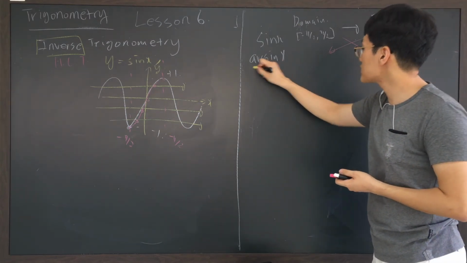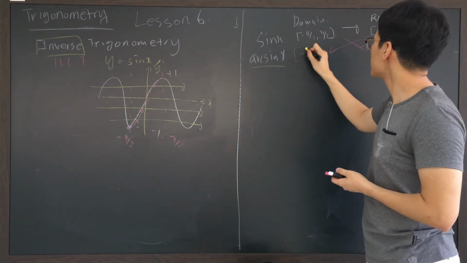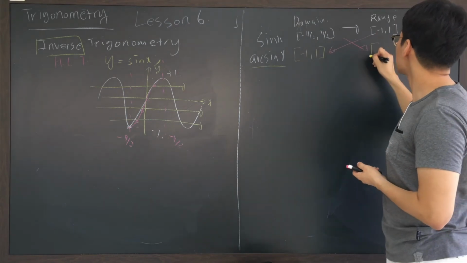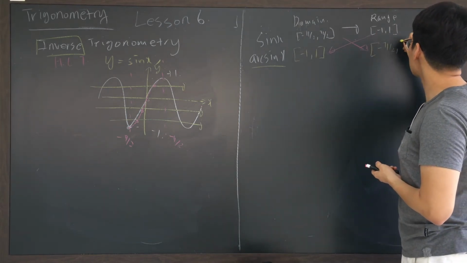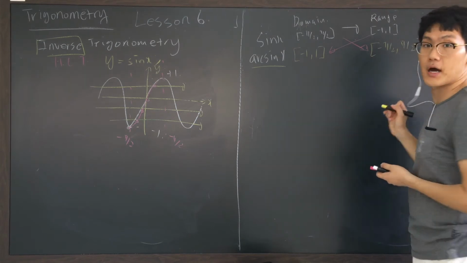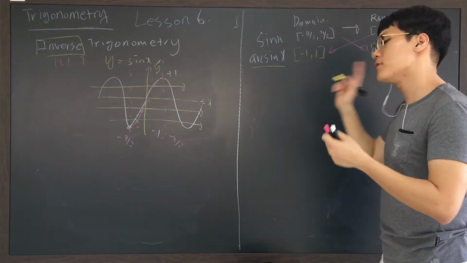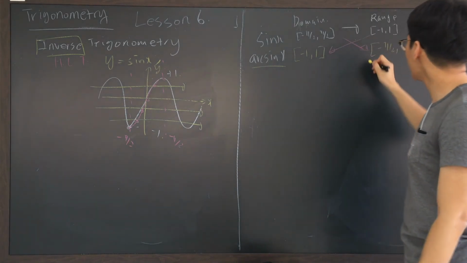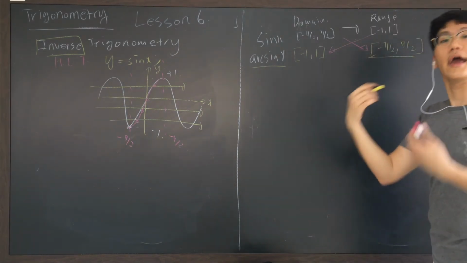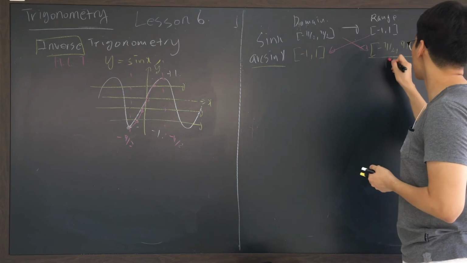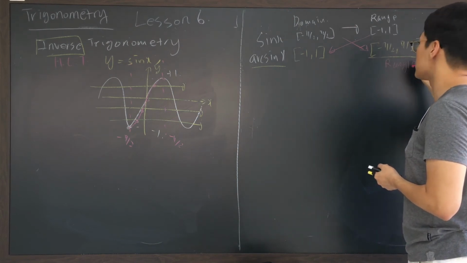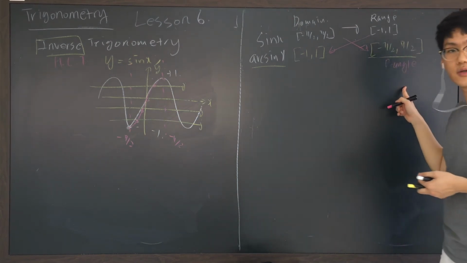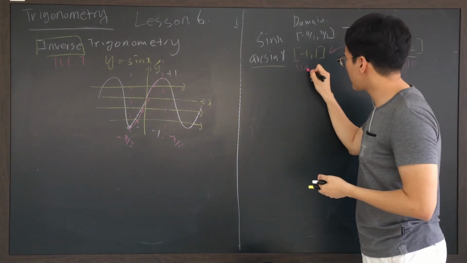So in fact, for arc sine x, the domain is going to be from -1 to 1, and the range is going to be from -π/2 to π/2. The important fact about the inverse function is that its range will be given in angle. That's very important. The range will always be given in angle. For the domain, it's always given in value.